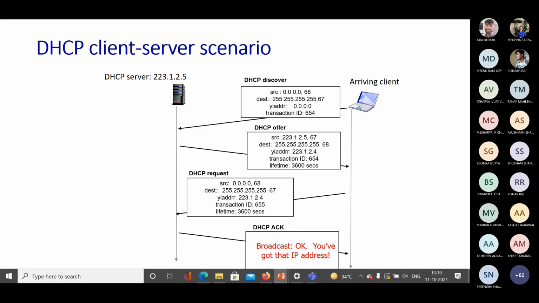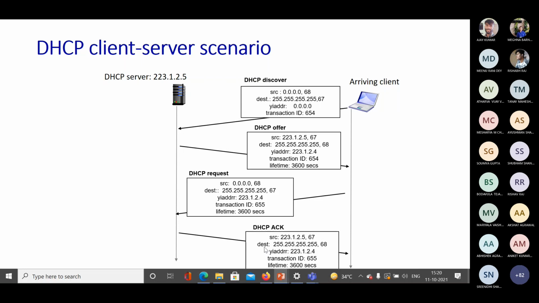Once this is done, the server, after receiving the request, assigns the IP address to the client. How does it do that? It simply says that okay, you can have that IP address, and then broadcasts that message. So the source here is 223.1.2.5, port number is 67.